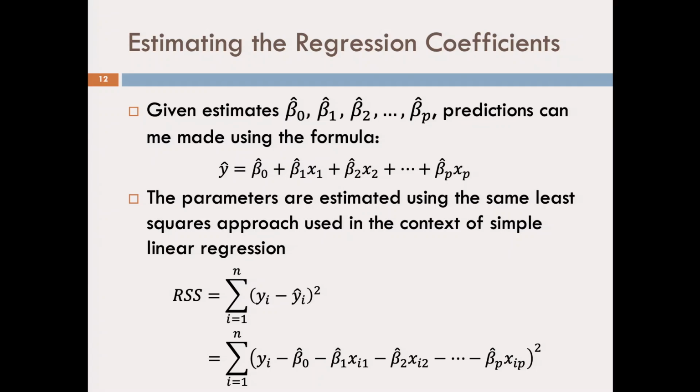Given the estimated betas, with this formula that's very similar to the simple linear regression, we can estimate the desired outcome. Then we compare the desired outcome with the predicted outcome to get the error for the model. The parameters here are estimated using the same least squares approach.